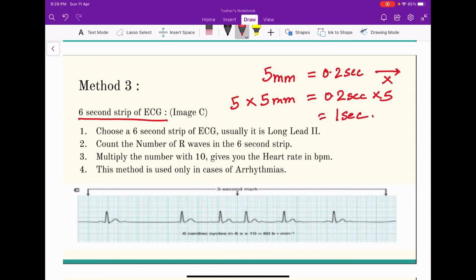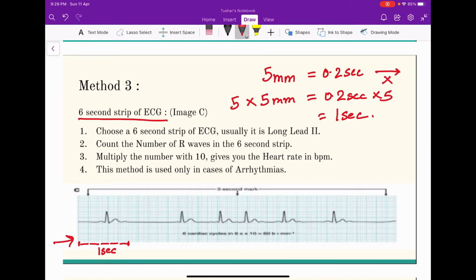So here on the ECG strip, if I start my calculations from here, I need to measure 0.2 seconds, 0.2 seconds here, 0.2 seconds here, 0.2 seconds here, and 0.2 seconds here. So up to this level, this is 1 second.